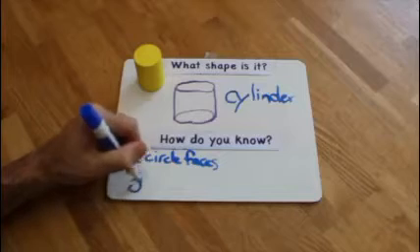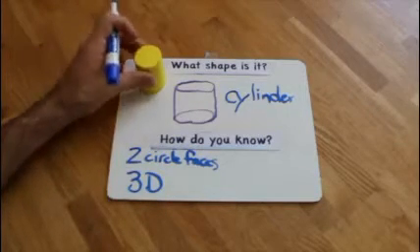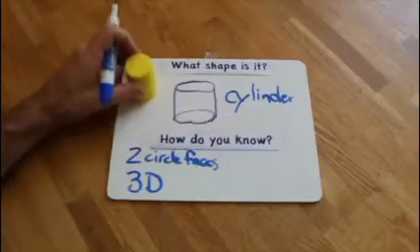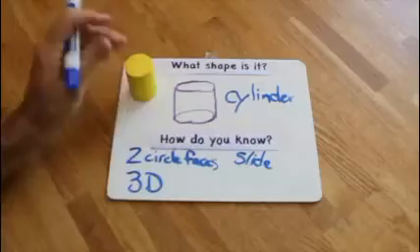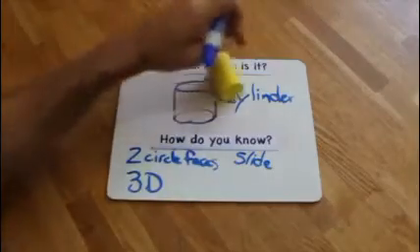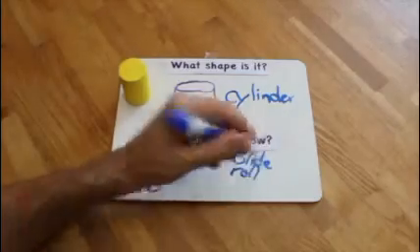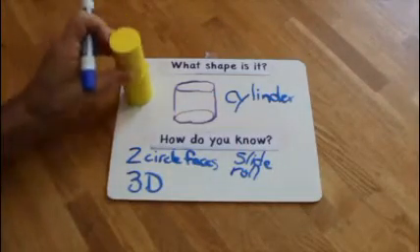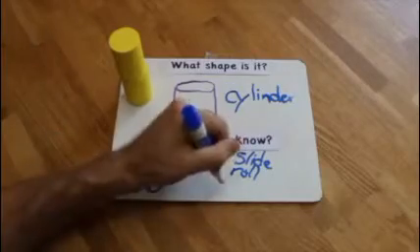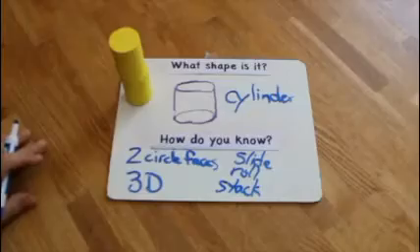It is 3D. Okay. And then what can it do? With one circle face, it can slide. On its side, it can roll. And since it has two circle faces, they can stack. Great job, a cylinder.